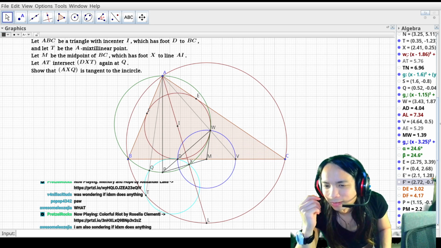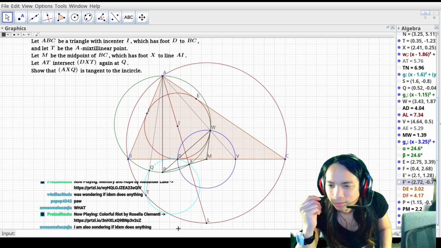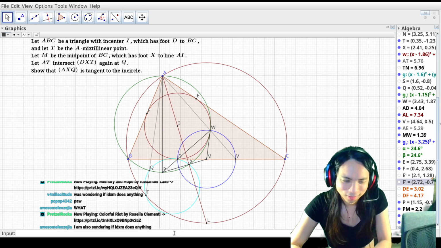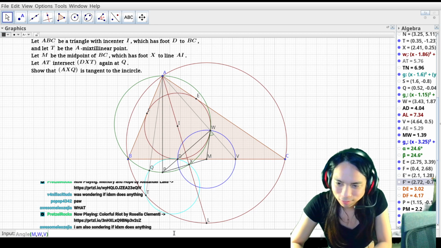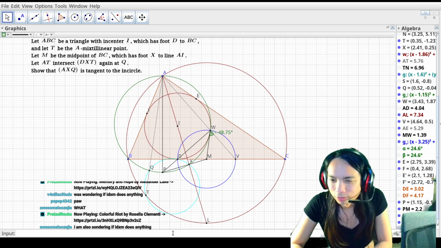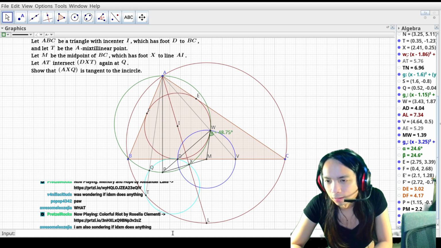Why can't I check this? Wait, this should just be a straight angle. This angle I want to show is equal to angle APW or AXW or whatever.